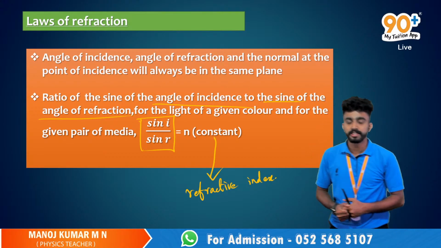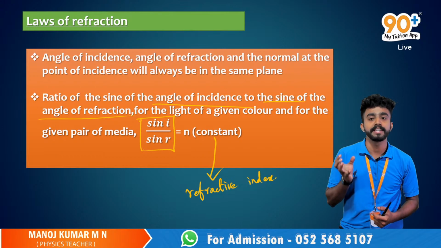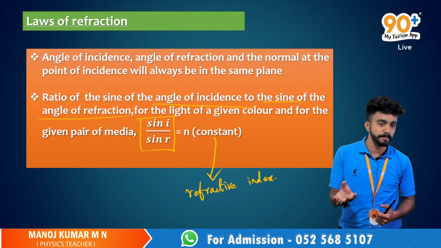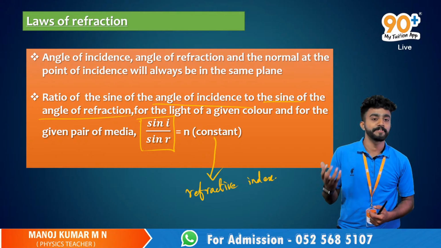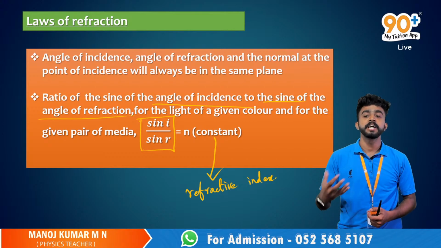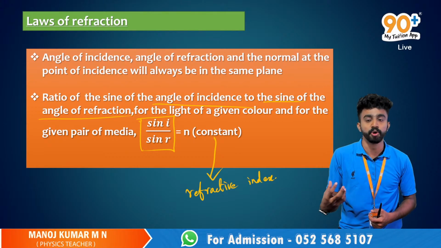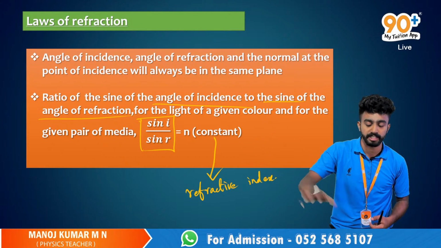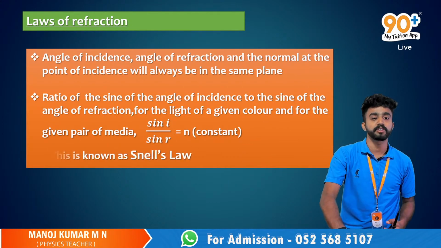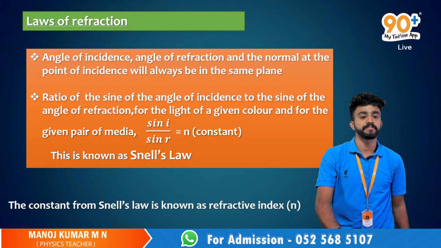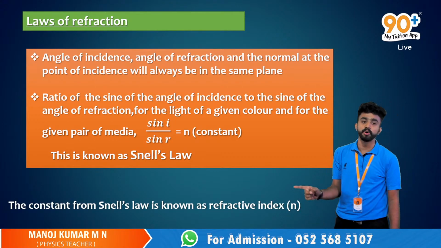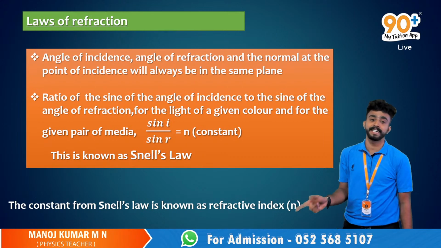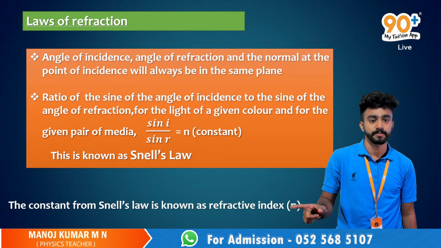Got it? So the only thing you have to understand as of now is that when we apply Snell's law to find the ratio of sin i and sin r, it gives us a constant. The constant from Snell's law is known as refractive index, not refraction, refractive index.